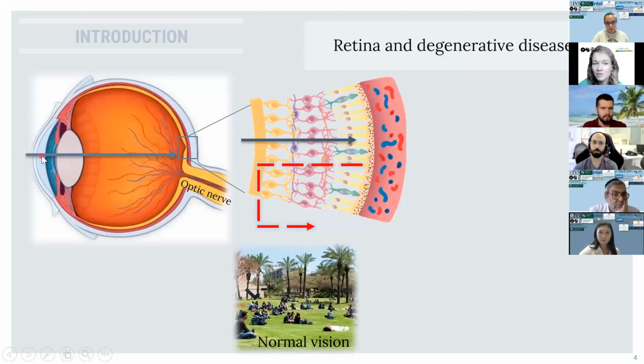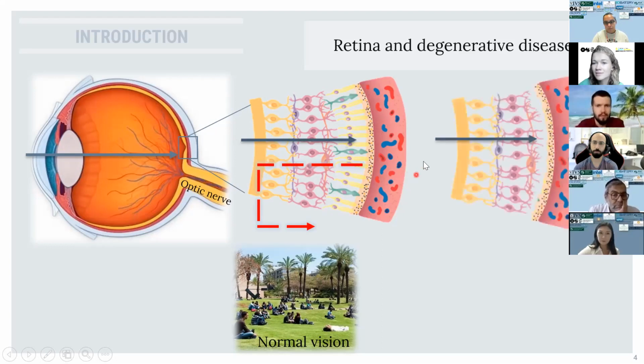The light goes through the eye to the back of it where the retina is, and then it passes all the retina layers, all the cells in the middle, and then the photoreceptor layer, which converts the light into a neural signal and passes the signal to other cells, and it goes to the brain, and we see. Unfortunately, there are diseases that cause these cells to degenerate and die, and the light passes through, but there is no signal that goes towards the other cells and towards the brain. That's why people don't see.